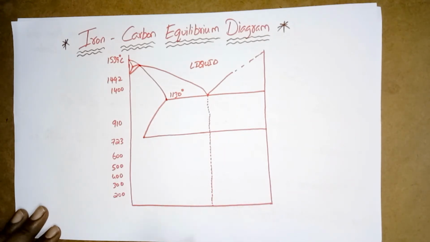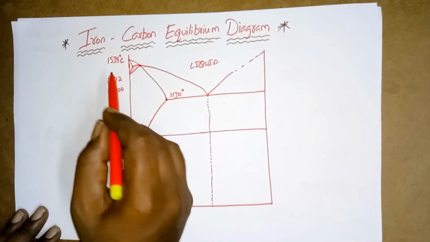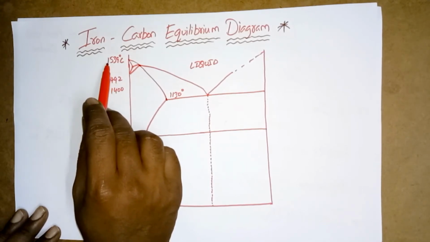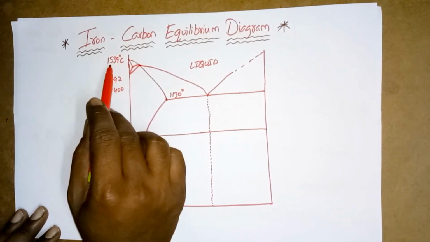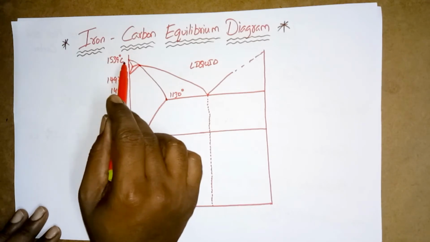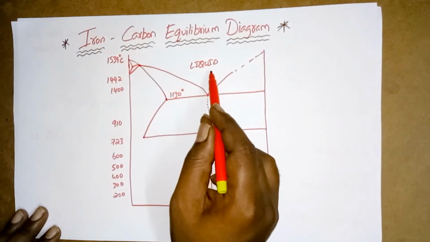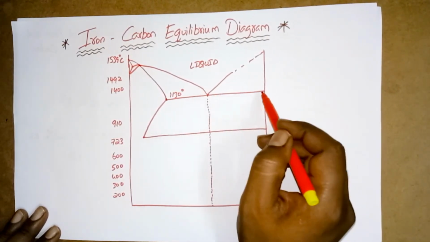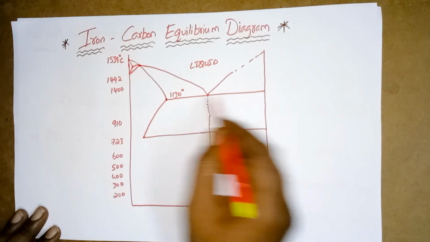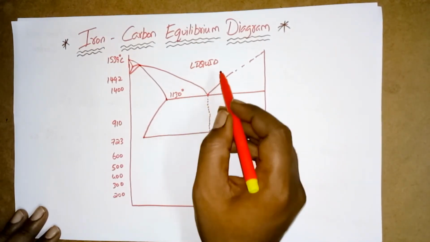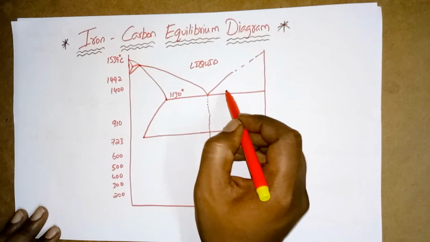As I told you, we are starting the curve from the melting temperature of iron, 1539 degrees centigrade. So this is liquid, and this is solid. This is the liquidus area and this is solidus.